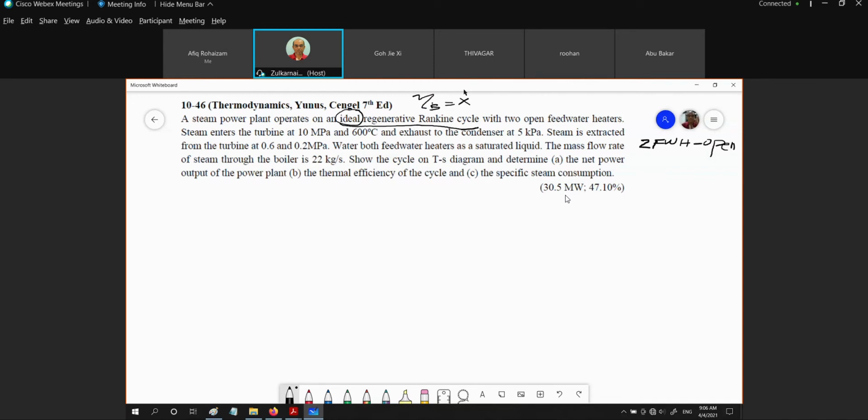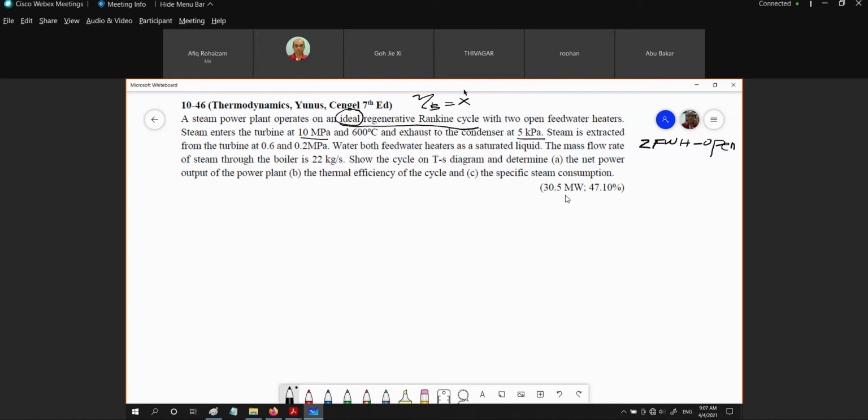This question does not give us any isentropic efficiency. And then given right here, the high pressure side is 10 megapascal and the low pressure side is 5 kilopascal.